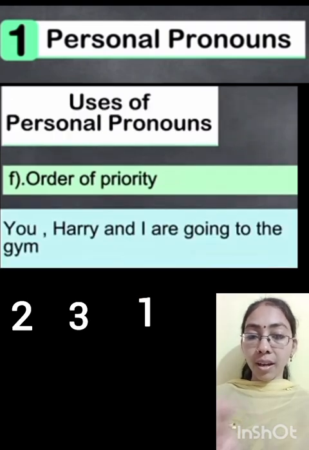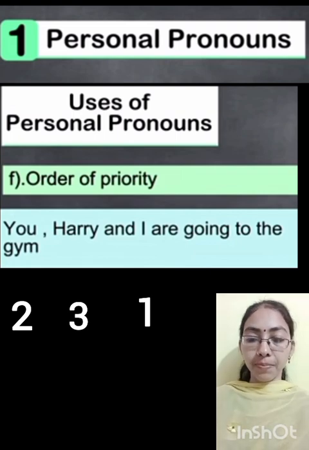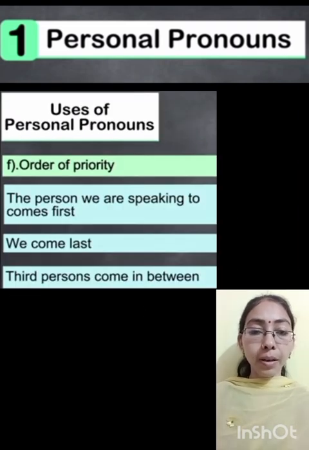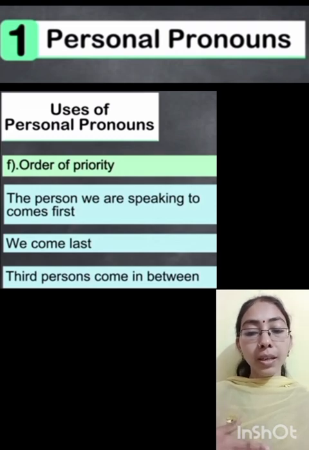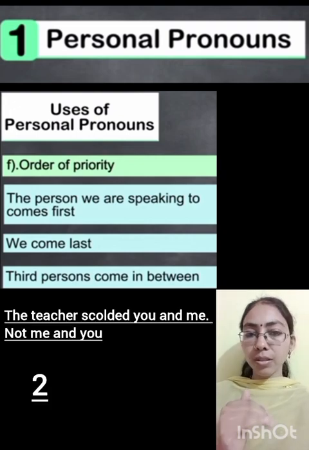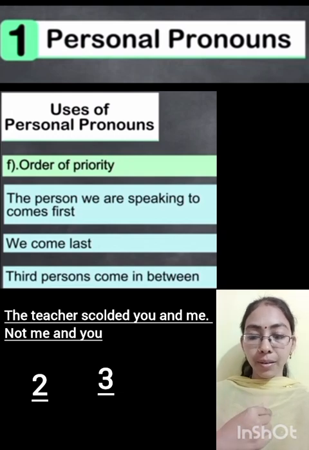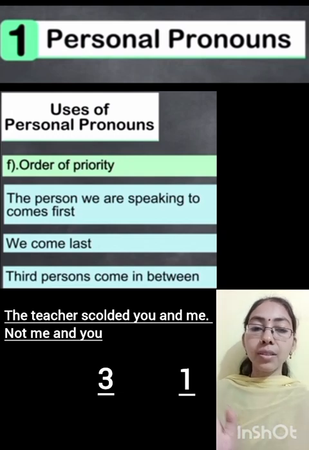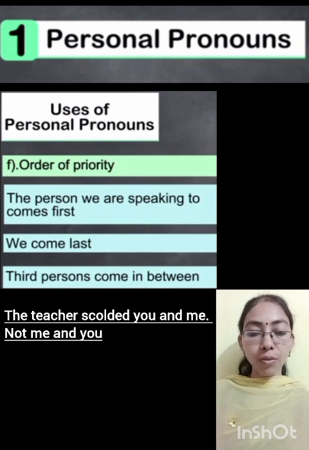You, Harry, and I are going to the gym. Basically, the person we are speaking to comes first. We come last. And the other, which is the third person, comes in between. Let's take another example. The teacher scolded you and me, not me and you. I hope this is very clear to all of you.